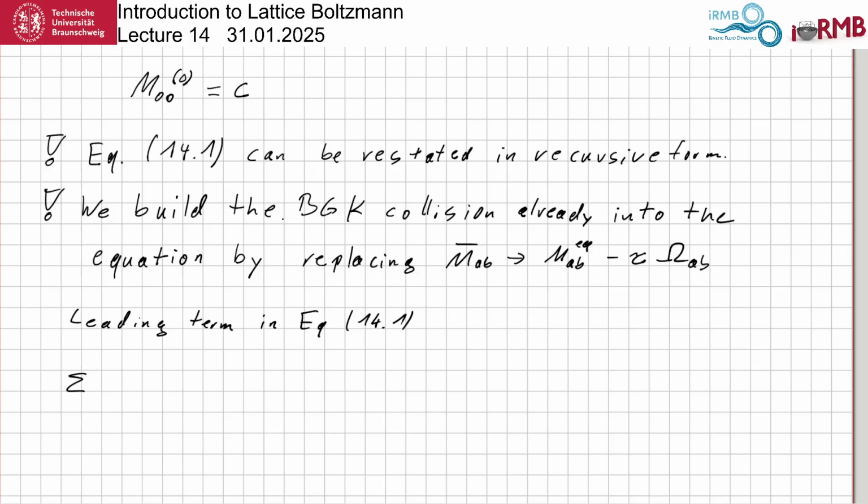Okay, now if we take the leading term in this thing is if we take the sum only from 0 to 0, right? So this is what we are leading up. What is leading everything?